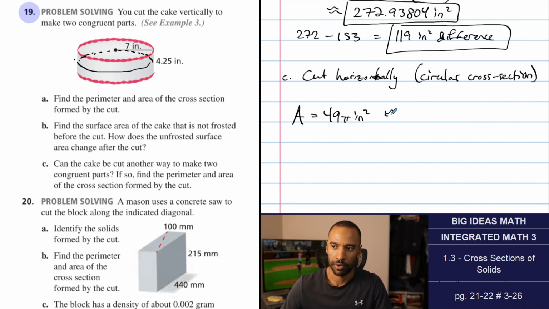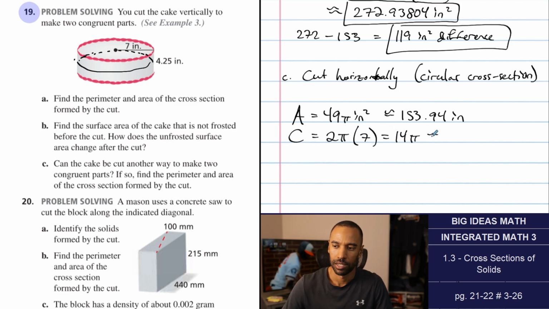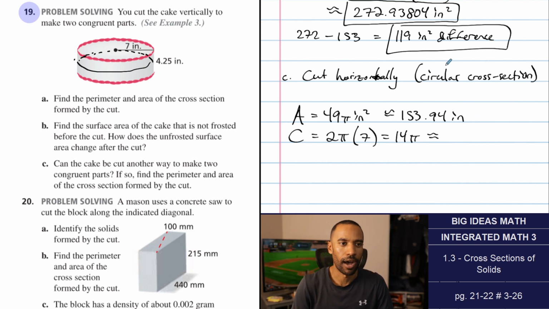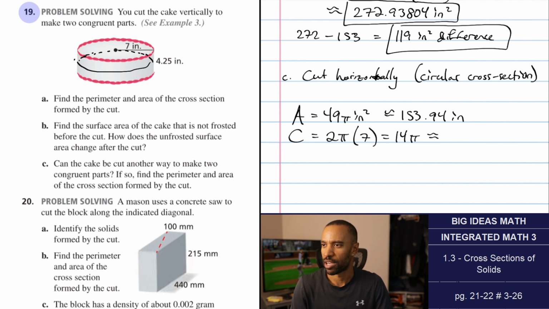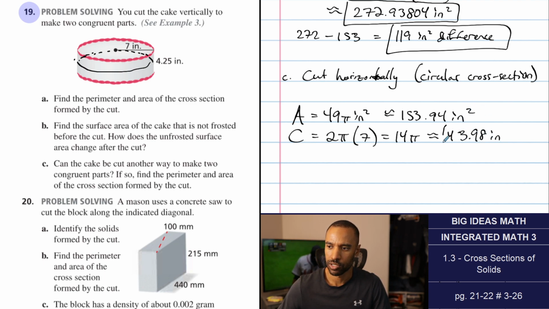Circumference, well, I'll round it again, the circumference is 2 pi times the radius. So 14 pi inches, which is about, I've seen that number quite a bit in previous problems we've done in the past, 43.982, so 43.98 inches. This should be square inches for the area, and inches for the circumference, like that.